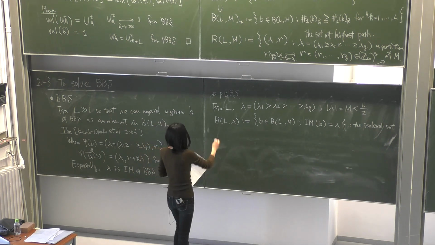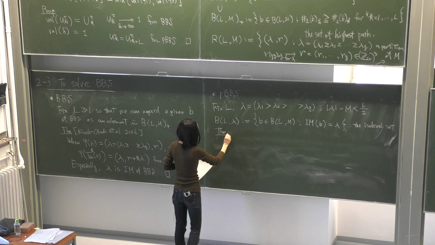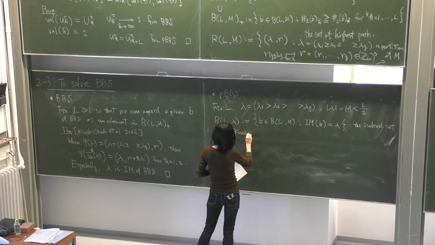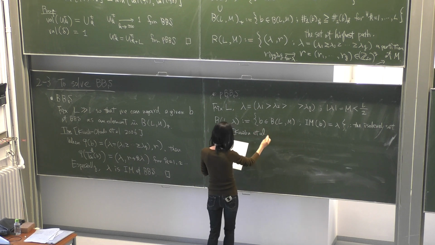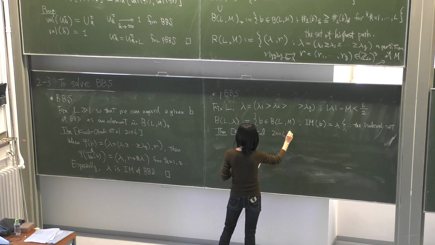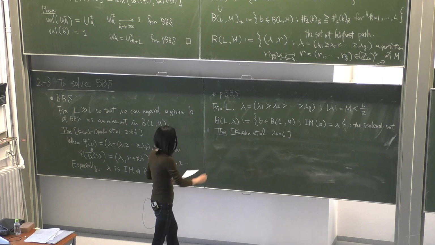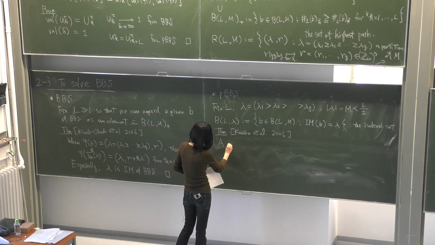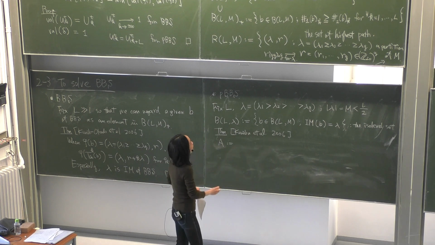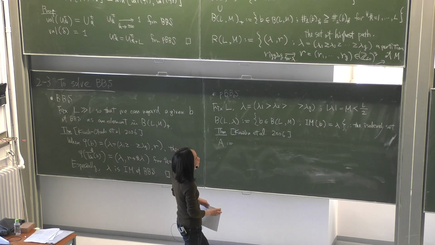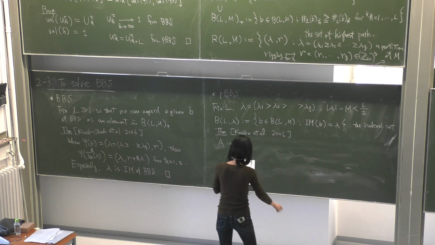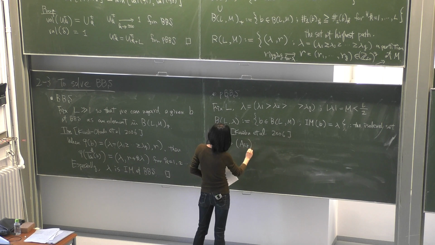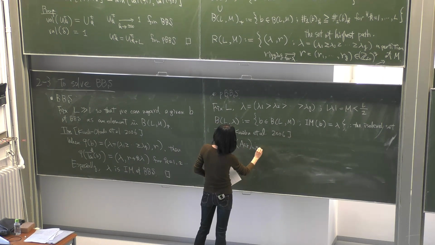Then the theorem is as follows. It was also proved in 2006. We define a symmetric matrix A by using the information of P. This is a G by G matrix.